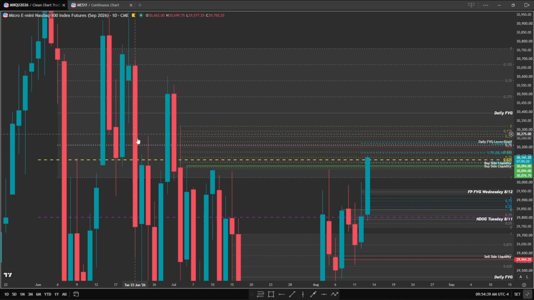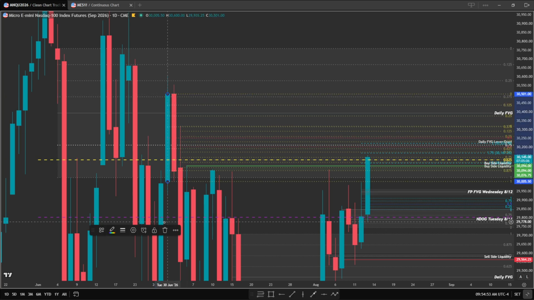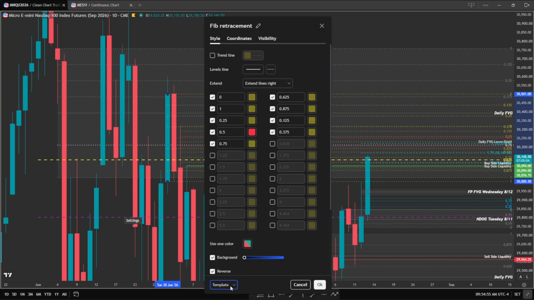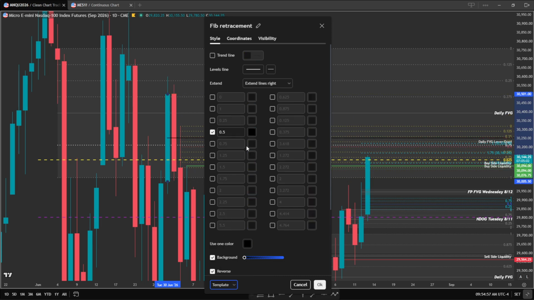There's also a fair value gap here. So this seems like an order block. So there's a lot in this range. Midpoint of the order block.